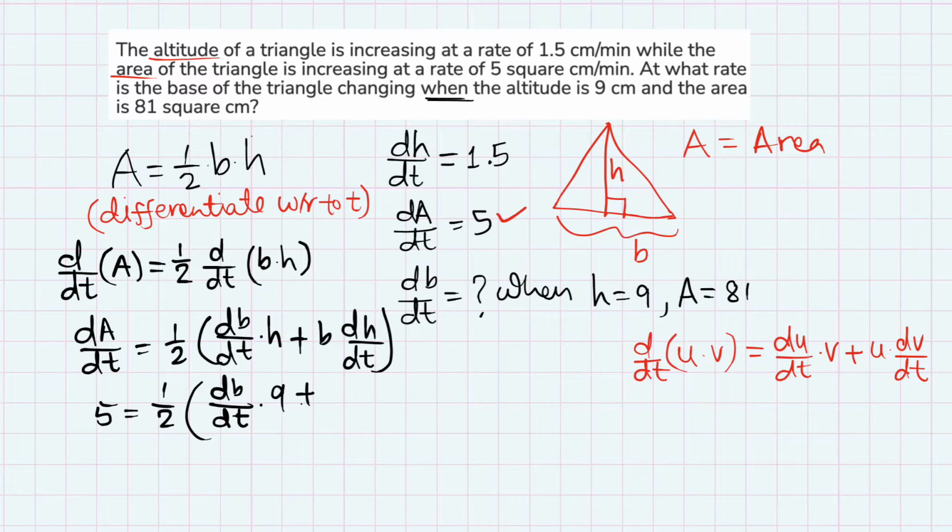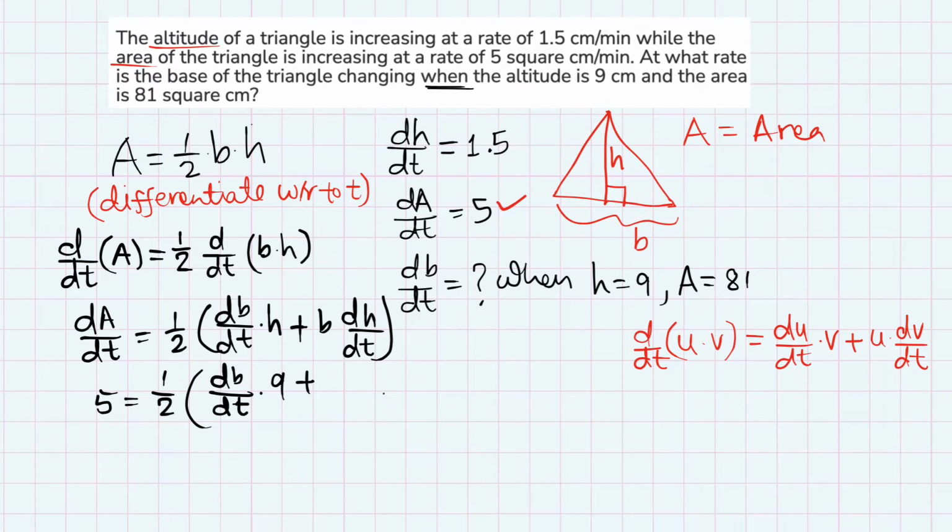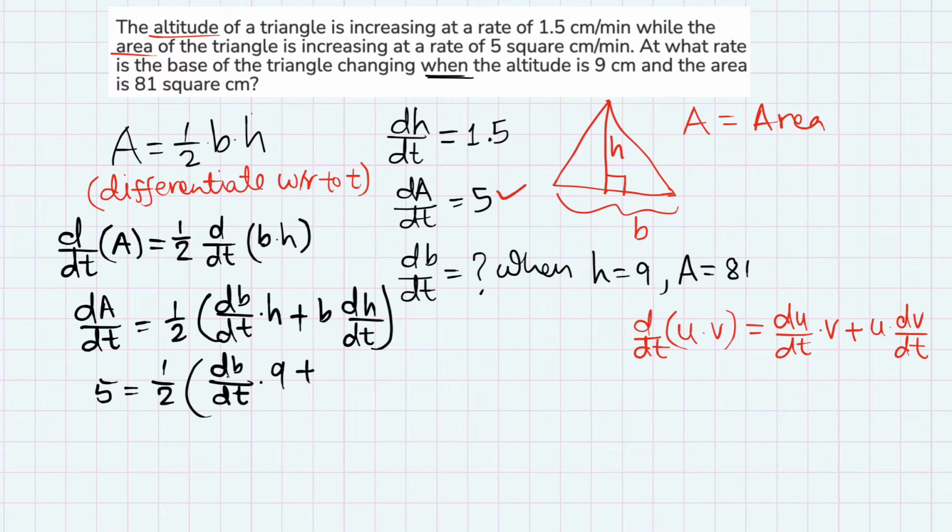In fact, we should have only one thing missing, dB over dt, but b is also missing, so we need to determine b. I'm going to come back to that in a moment. Times dH over dt is given here 1.5, which is 3 over 2. So this b is missing here.